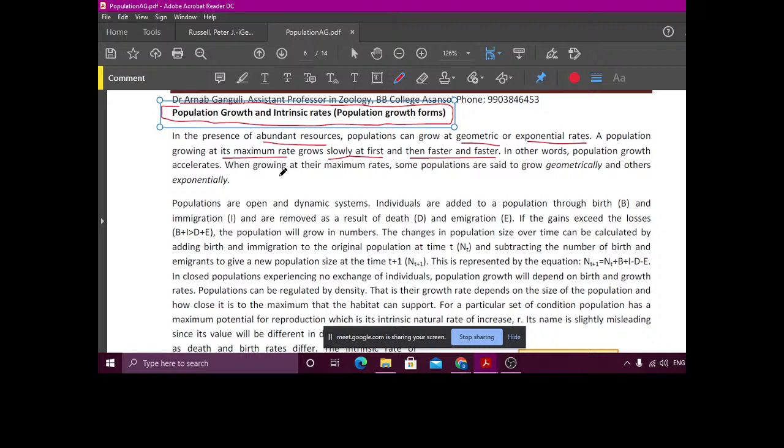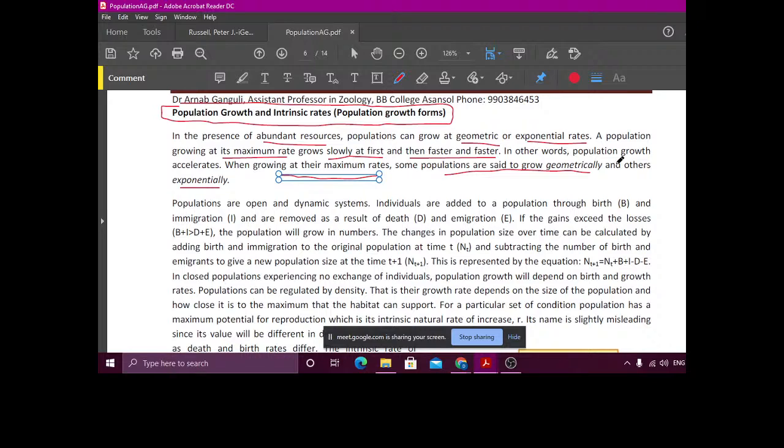When growing at their maximum rate, that maximum means the population can't grow faster than that. Some populations grow geometrically, others exponentially. Geometrically means 2 plus 2 is 4, plus 2 is 6, plus 2 is 8, plus 2 is 10. That grows arithmetically.